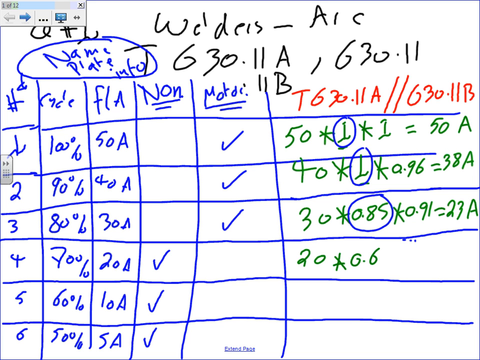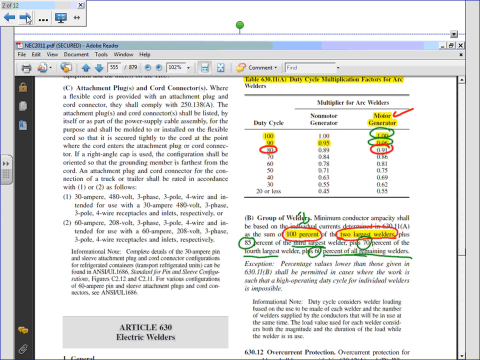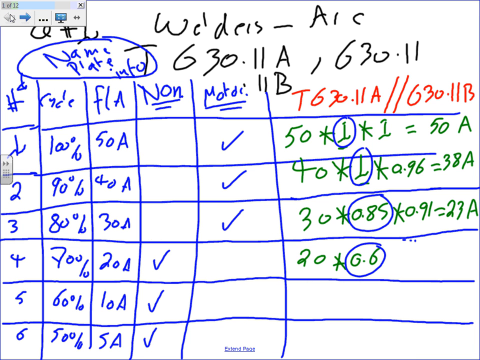Do you know why this is a 0.6? Because the first two are at 100%, the third at 0.8, the fourth at 85. Anything else after that one is 0.7. So this should be 0.7. Thank you. This should be 0.7.